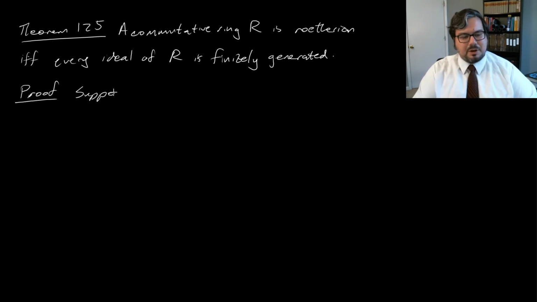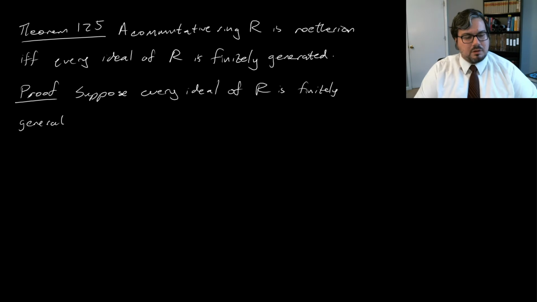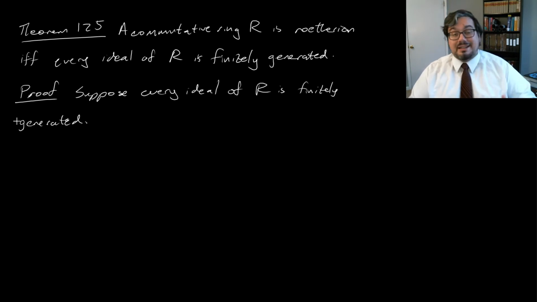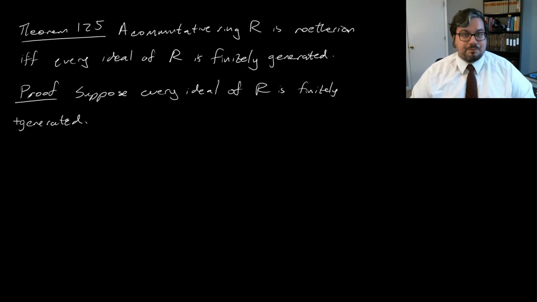First of all, let's suppose that every ideal of R is finitely generated. We want to show that R is Noetherian, that is, it satisfies the ascending chain condition. To do that, we assume that we have some sort of increasing chain of ideals.